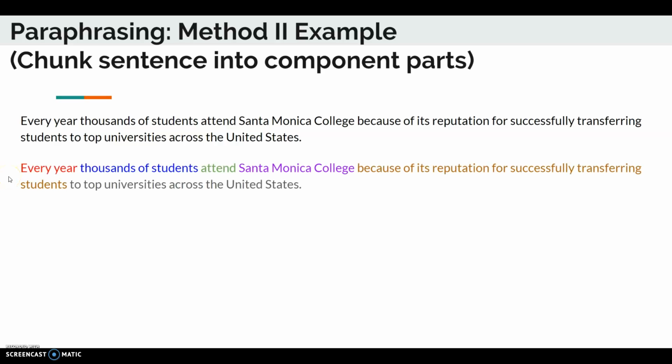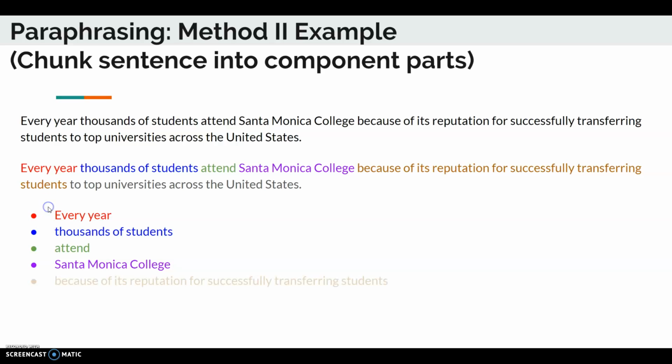So if we break the sentence down by its adverbials, its subjects, its objects, its verbs, adverbial clauses, we can kind of break it down in this way. We start with an adverb, every year, and we have the subject of the sentence, the verb, the object, and then we have a reason here in an adverbial phrase, because of, and then we have another phrase here that explains where students transfer to or are transferring to.